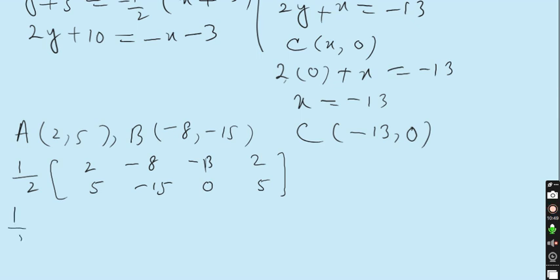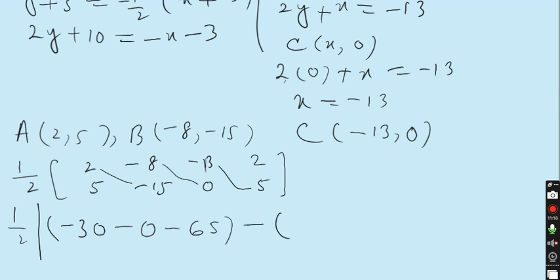So 1 upon 2, 2 multiplied by minus 15, minus 8 multiplied by 0, and minus 13 multiplied by 5. 2 into minus 15 is minus 30. Minus 8 into 0 is 0. Minus 13 into 5 is minus 65.